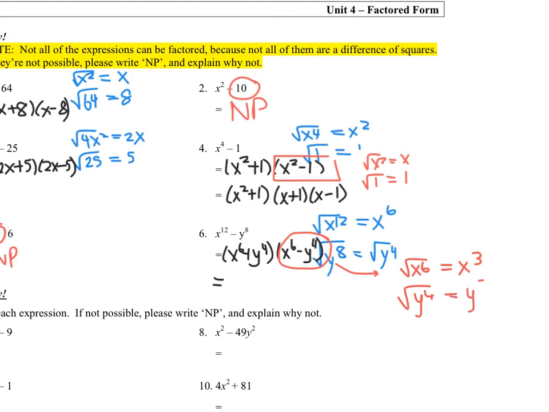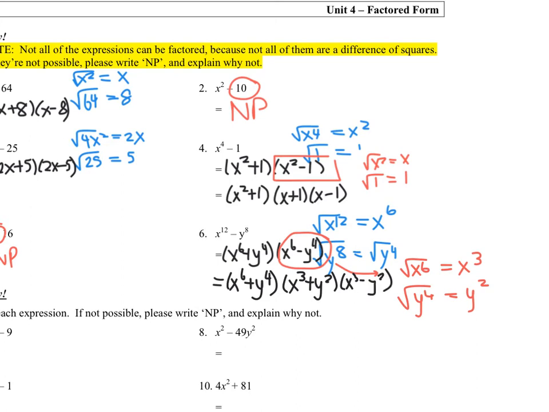And then the square root of y to the 4 is y squared. So we have x to the 6 plus y to the 4 from before, and our second bracket got factored to x cubed plus y squared, x cubed minus y squared.